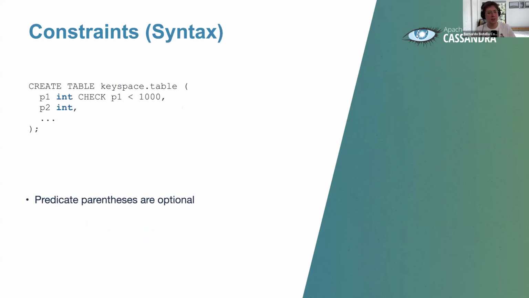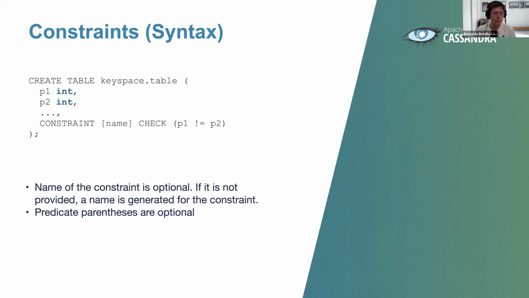Now, what's the actual syntax? As I mentioned before, we have two types of constraints. The first one being the column level constraint. That's just adding the check keyword after the column definition, and then the condition. The condition may or may not have parentheses. Now, for the second type of constraint, which is the table level constraint, we have the constraint keyword and a name for that constraint.